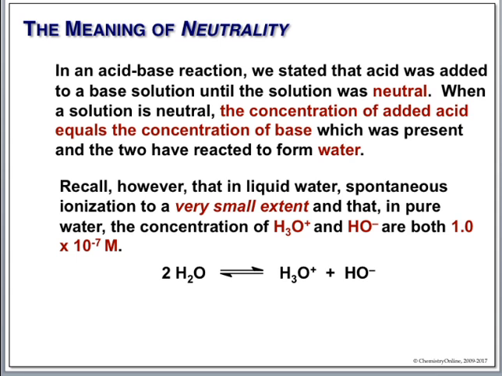And that concentration is always 10 to the minus 7 molar. Neutral water will have 10 to the minus 7 molar hydronium and 10 to the minus 7 hydroxide.